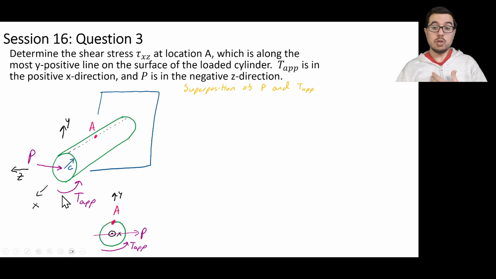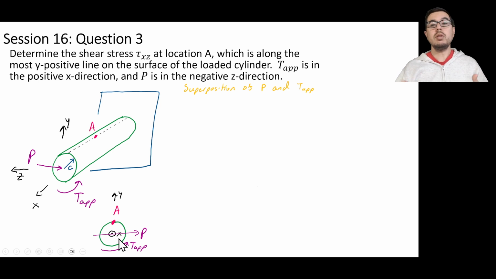And there's also going to be internal torque, that's T app, as you see here. And we can sketch the effective shear stresses that we're expecting just on this figure.